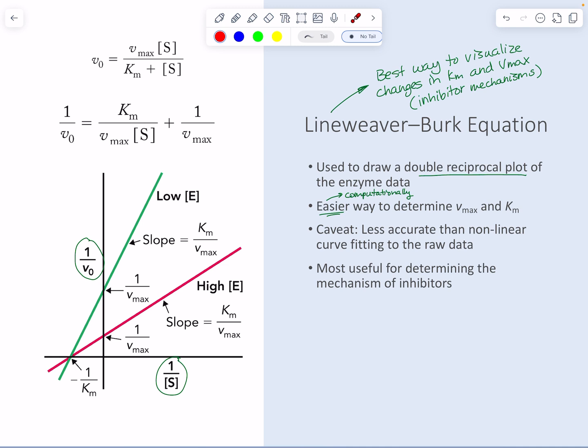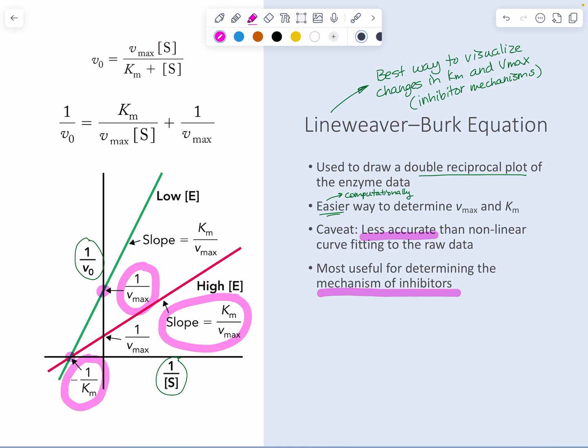Oh, and look, I even wrote it on the bottom of the slide here, determining the mechanism of the inhibitors, but it's less accurate for determining the parameters. So we've already talked about how the slope is equal to Km over Vmax, how the y-intercept is 1 over Vmax, and how your x-intercept is minus 1 over Km.